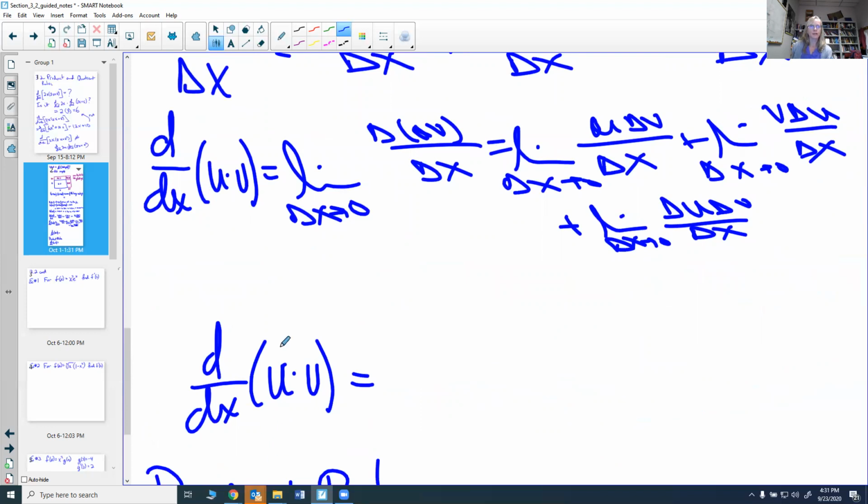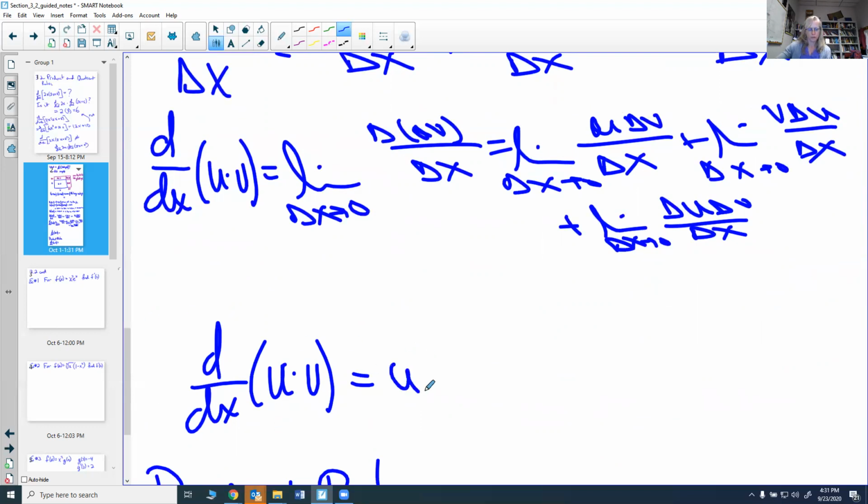So now let's see what that does. Let's go ahead and find out what a few things are. This U is not part of this limit, so it can come out. Let's see what we have left.